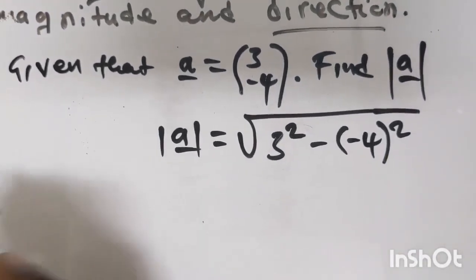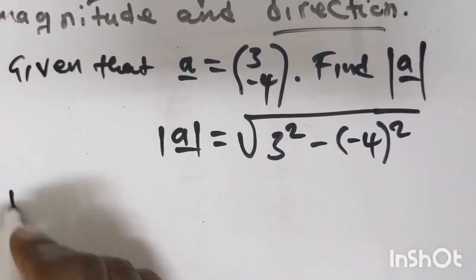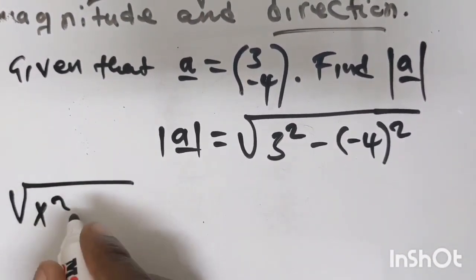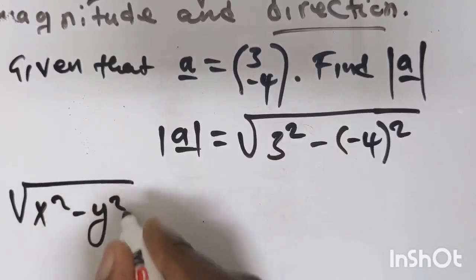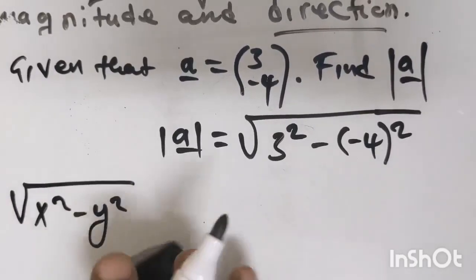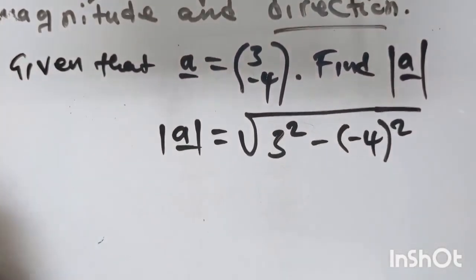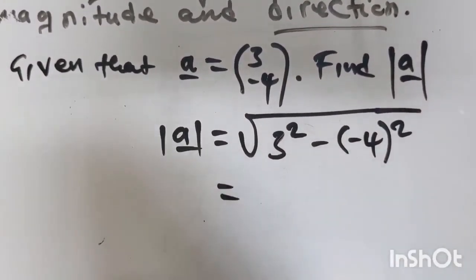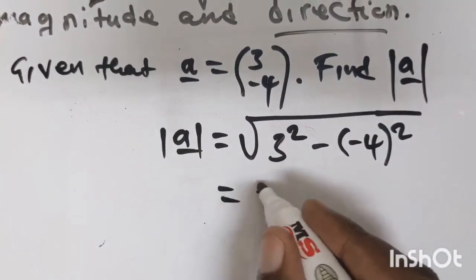In short, the formula when you are given a vector, you say x coordinate squared minus y coordinate squared. That is the formula for the magnitude when you are given the coordinates of a vector. So what is 3 squared? 3 squared is 9.